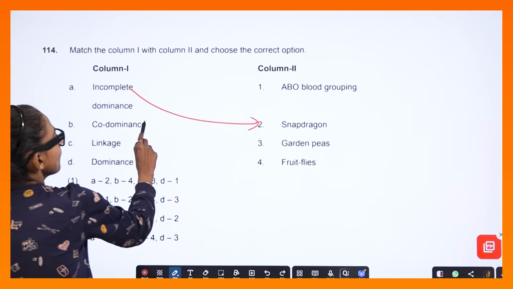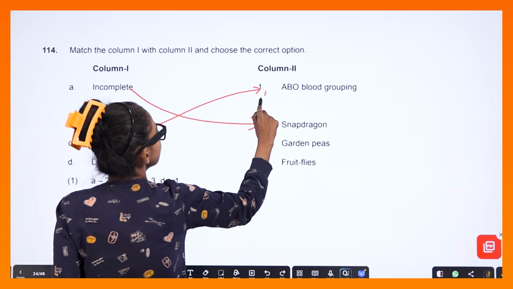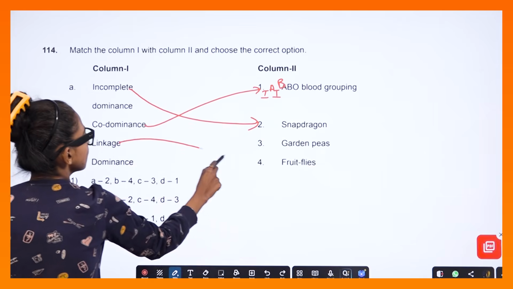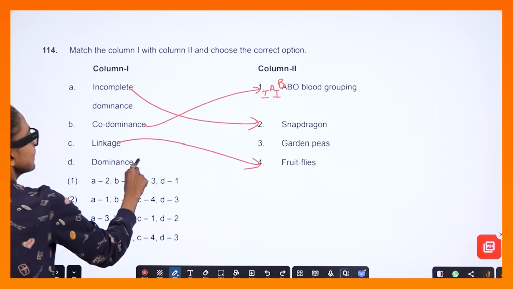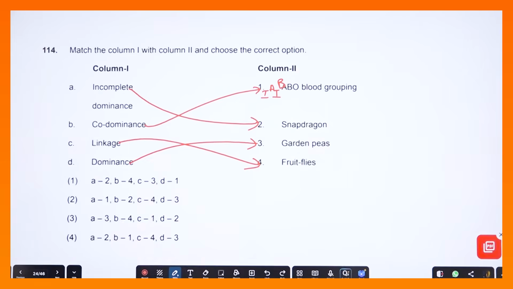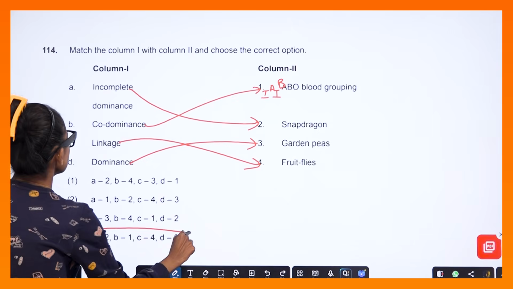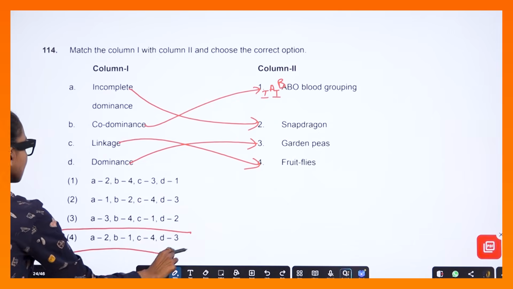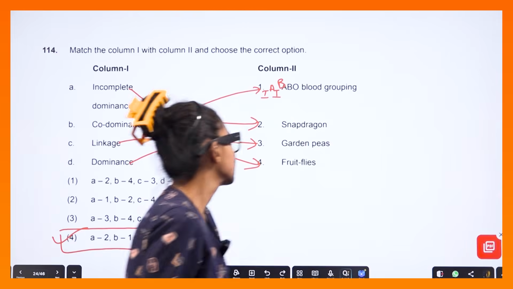Codominance, blood grouping, AB blood group. Linkage, fruit flies. Dominance, garden peas. So A2, B1, C4, D3. Option 4. Correct?